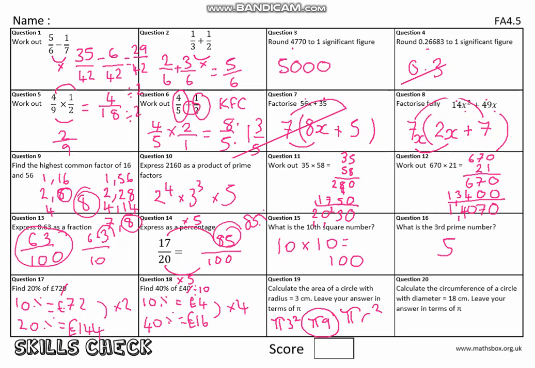Okay, now the next one says calculate the circumference of a circle with diameter 18. Okay, so if we remember, the formula for finding the circumference of a circle is pi times diameter. And good news, you've already got the diameter, so it is quite simply pi 18.